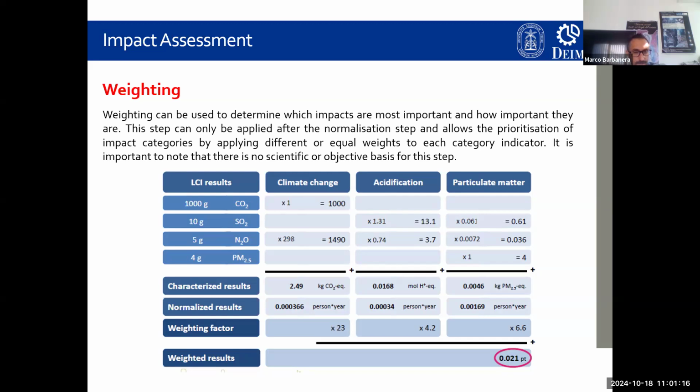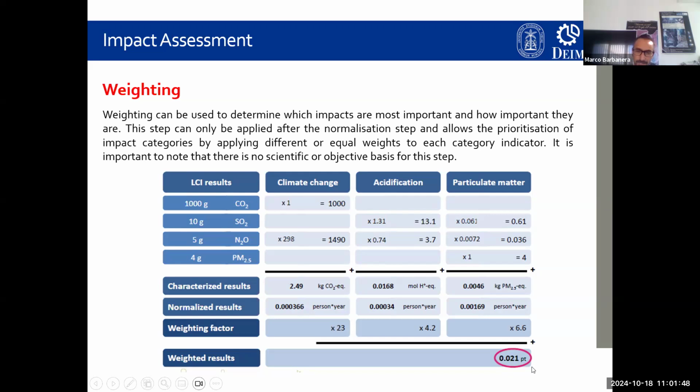Then these weighted results have to be summed in order to obtain the final score. In this case, 0.021.